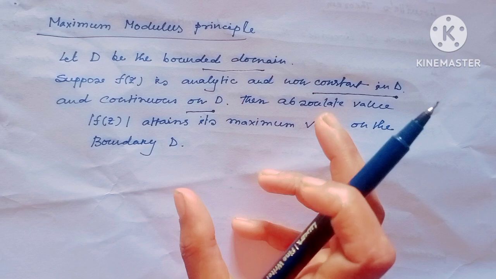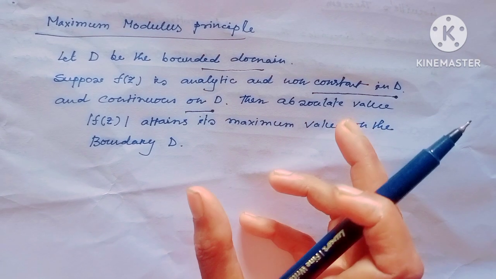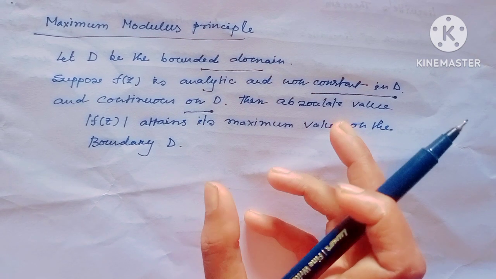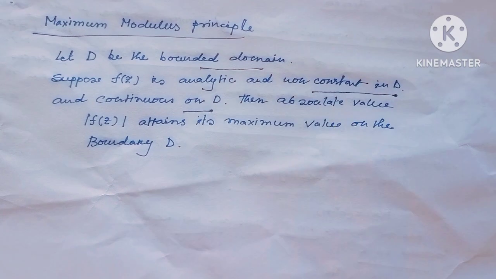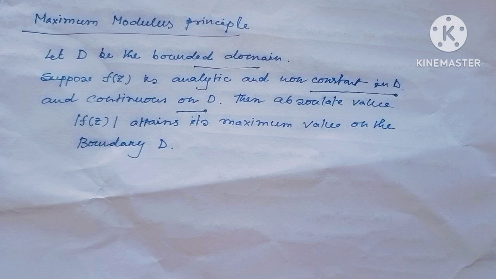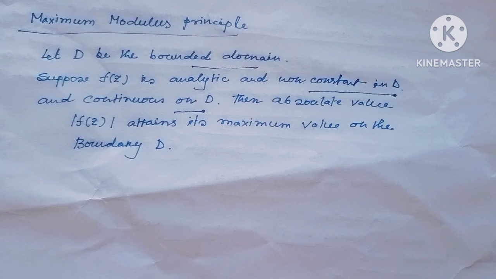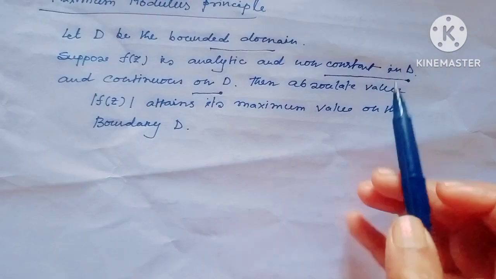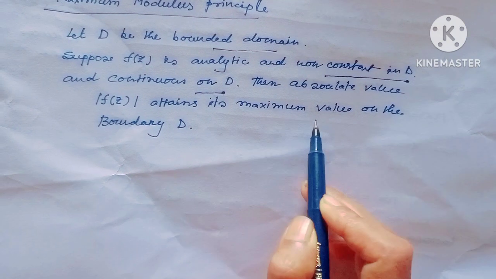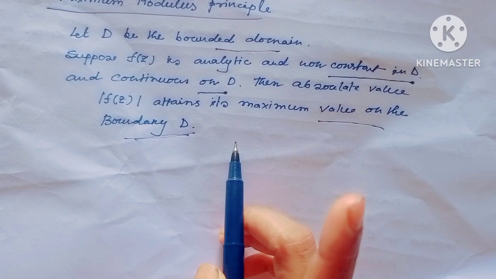Since the domain is bounded, by the maximum principle a maximum bound exists, and the modulus of f(z) attains its maximum on the boundary T. I hope all my viewers have understood.